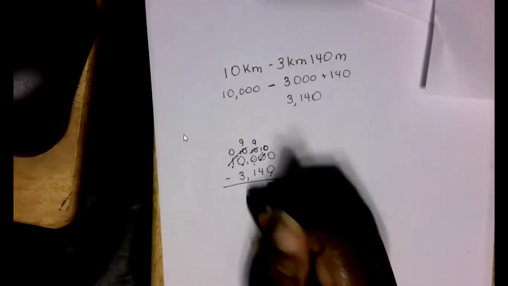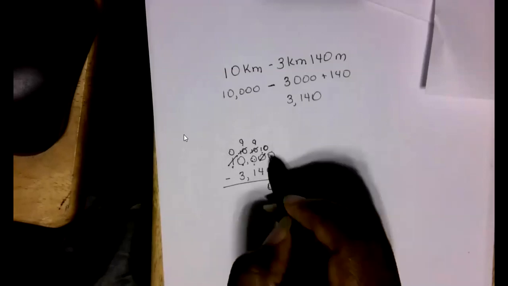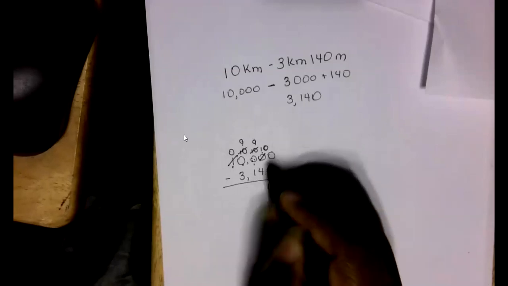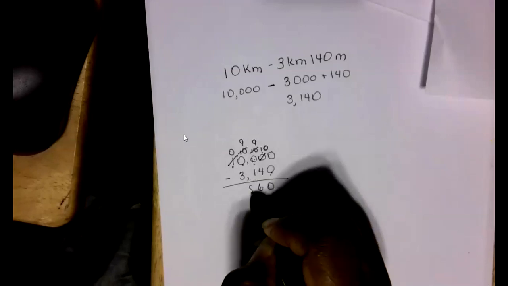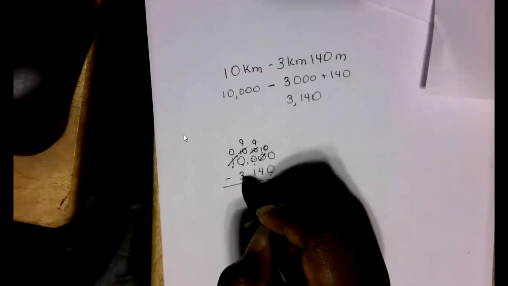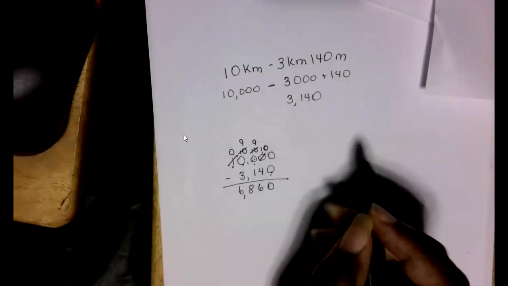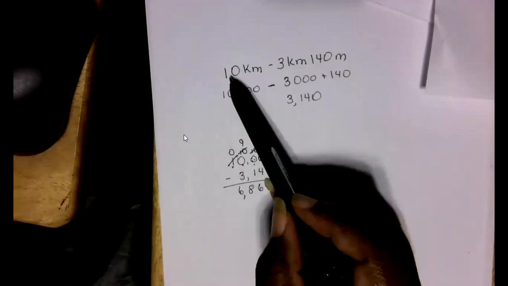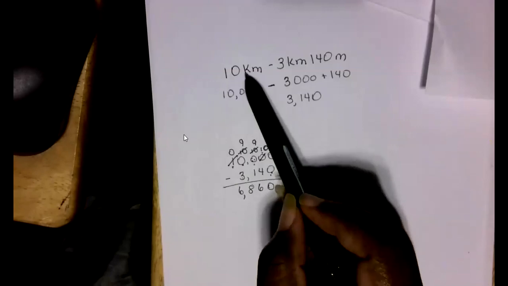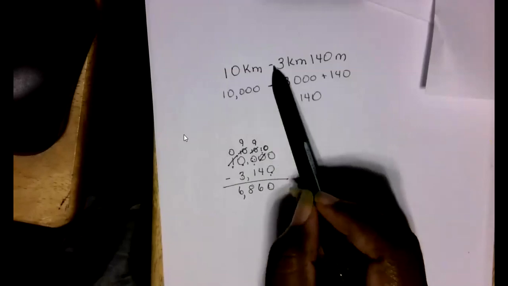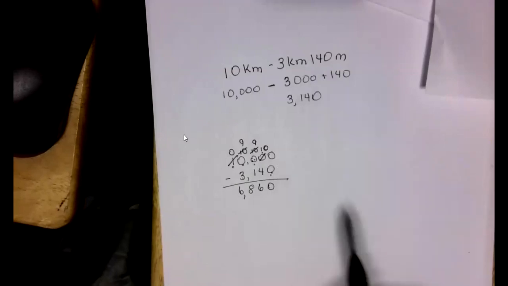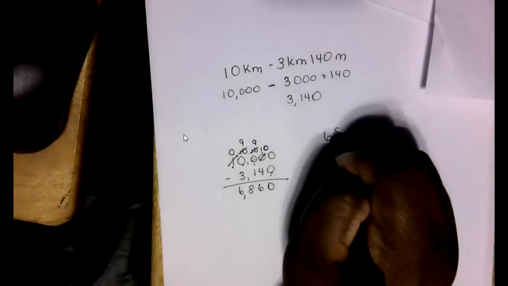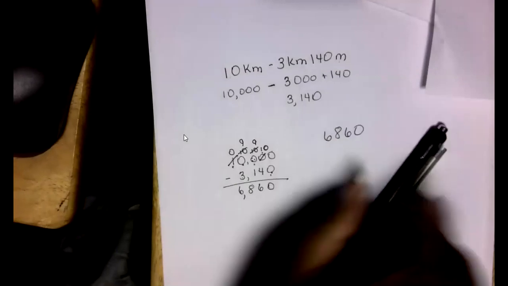So now I can subtract each one. 10 minus 4, 6, 9 minus 1, 8, 9 minus 3, 6. Okay, so I'm saying 10 kilometers minus 3 kilometers and 140 meters will give me 6,860 meters.